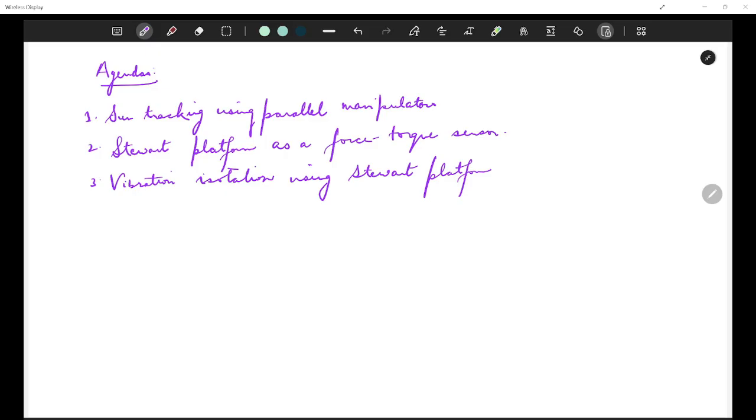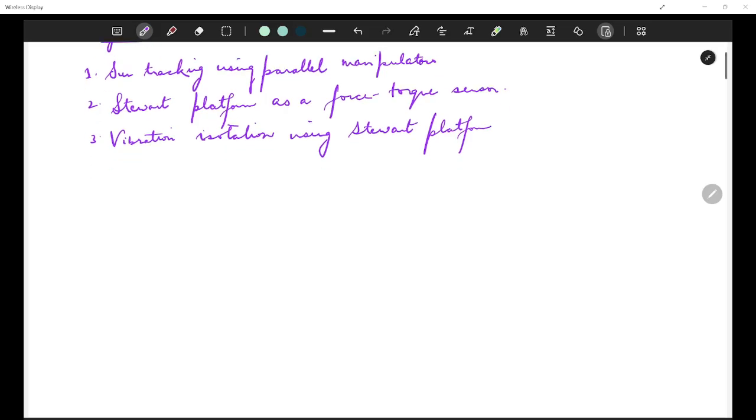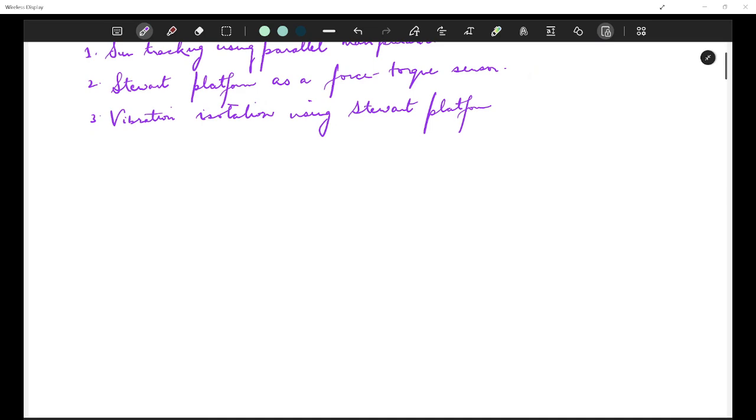Right. So these are the things that have been basically covered, and this lecture basically connects robot kinematics, statics, singularities, and design optimization to real engineering systems, right?